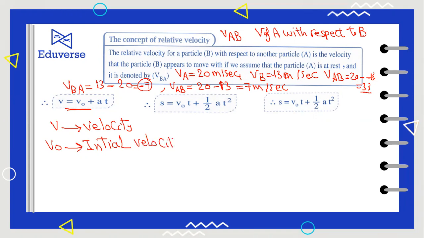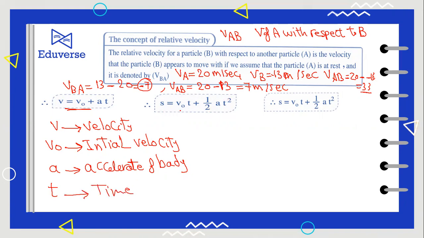Initial velocity means the velocity of the body at the beginning of motion. A is the acceleration of the body. It may be positive or negative, referring to acceleration or deceleration. T is the time.